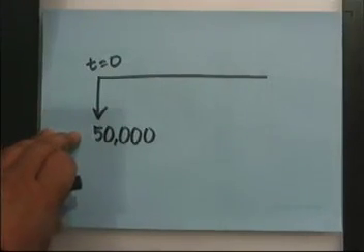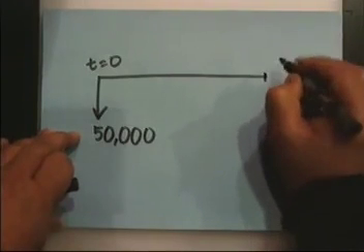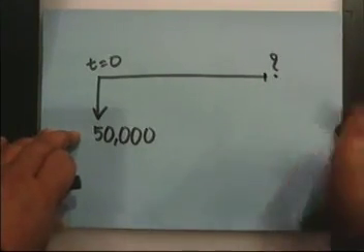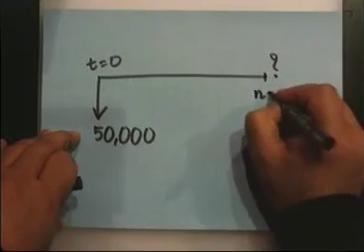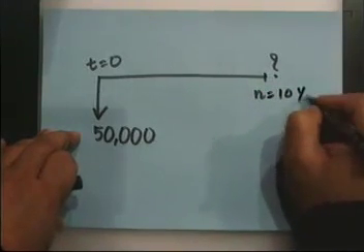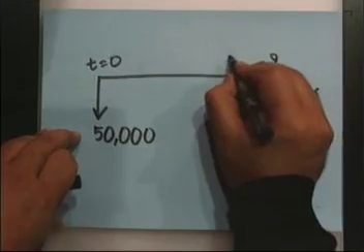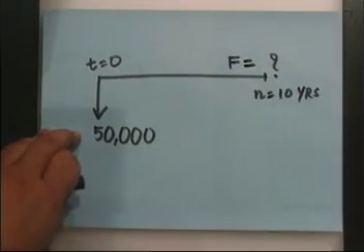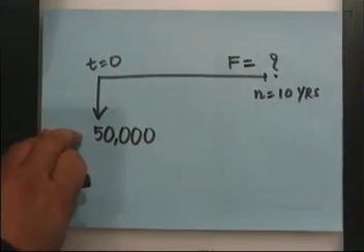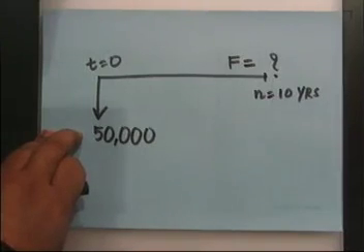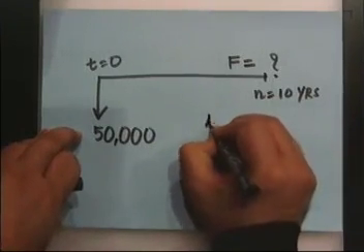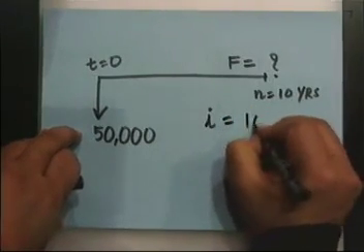I am interested in finding its future worth F at n equal to 10 years. You can assume an interest rate i equal to 10%.